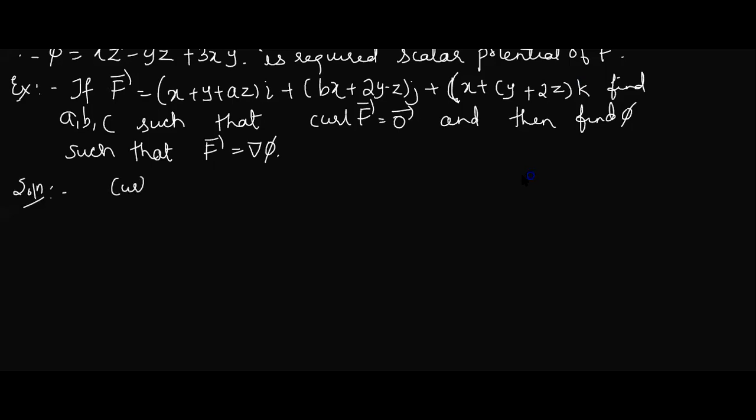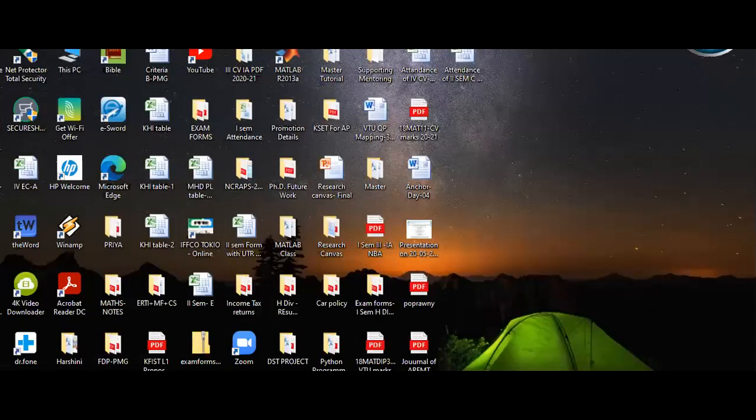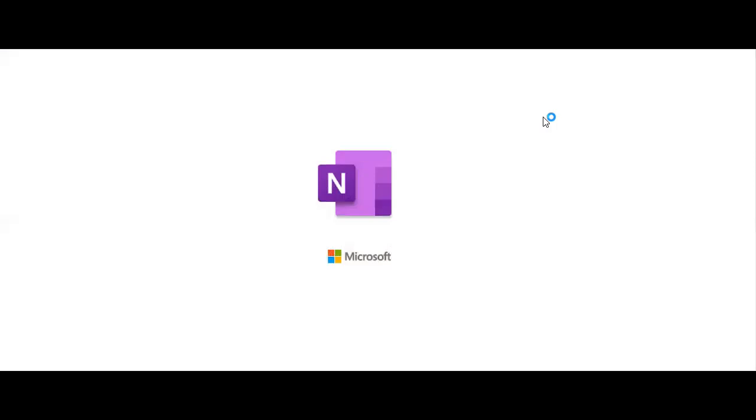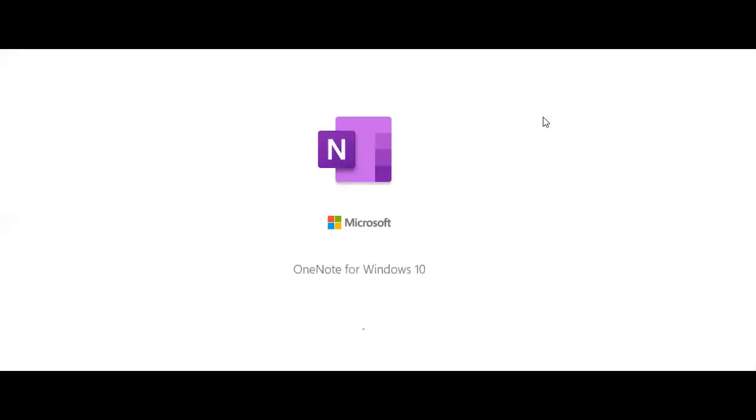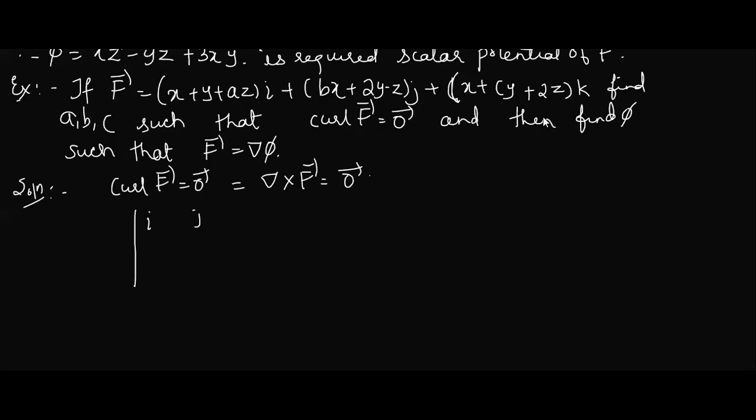So here they have given curl f is 0 vector. That means it is del cross f is 0. What is del cross f means? We have to write i, j, k. Can anybody tell me what is the second row? Dou by dou x, dou by dou y, dou by dou z.